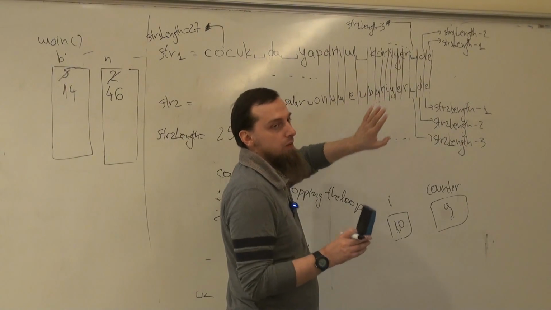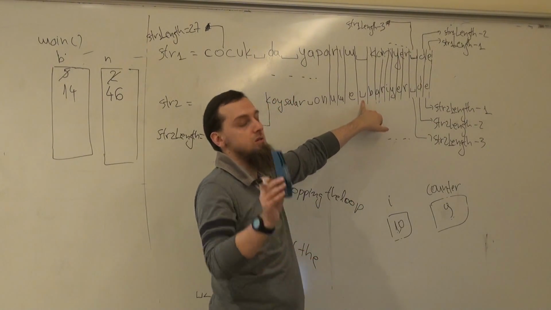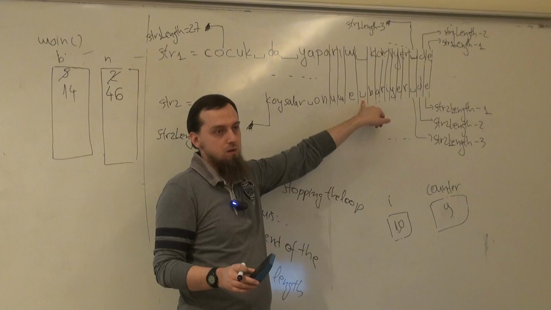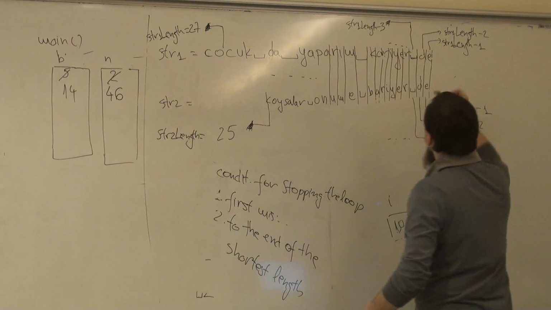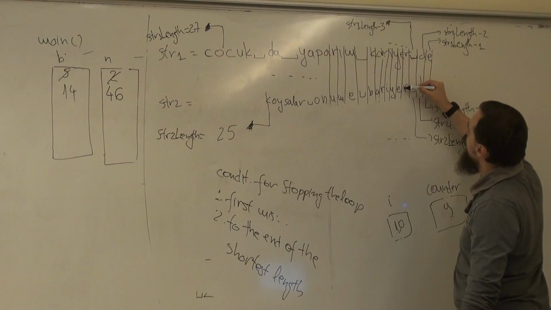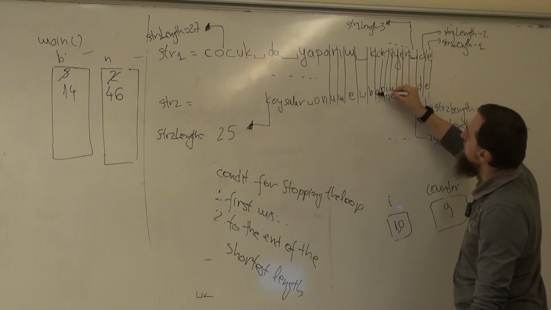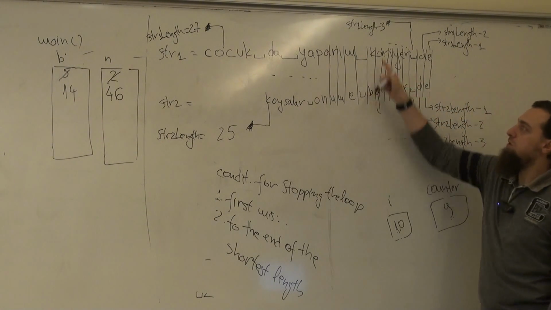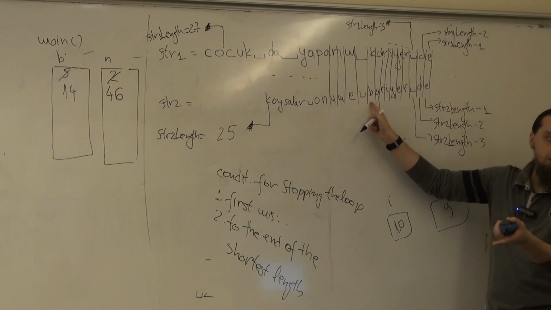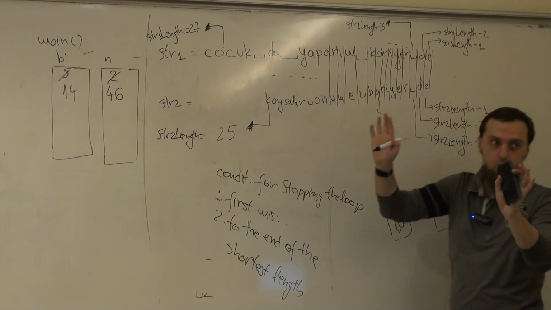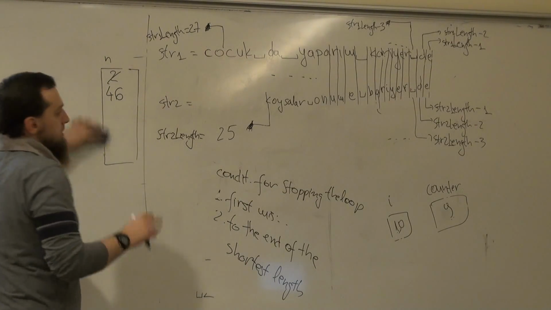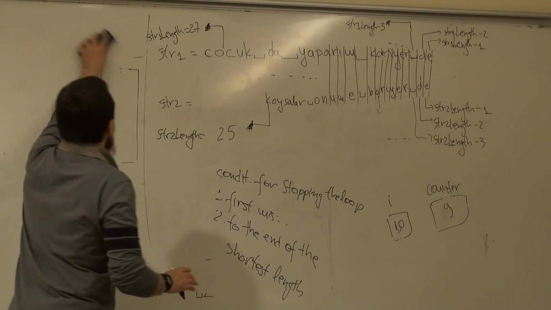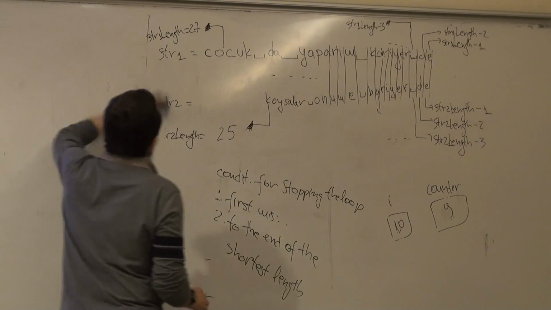No, with the space, the empty space is also a character. Then there should be more than 9, isn't it? Let me check it. 1, 2, 3, 4, 5, 6, 7, 8, 9. Because the first mismatch is at the 10th character from the end, okay? So we should return 9. Remember, the space is also a character. Everything is a character.